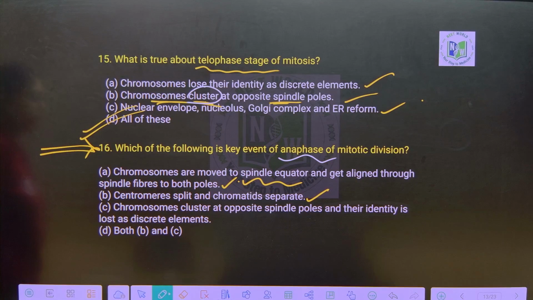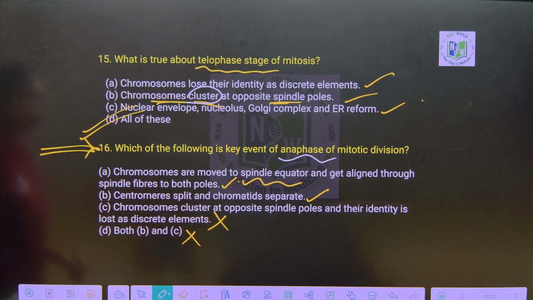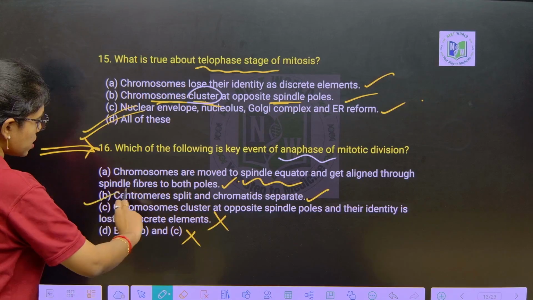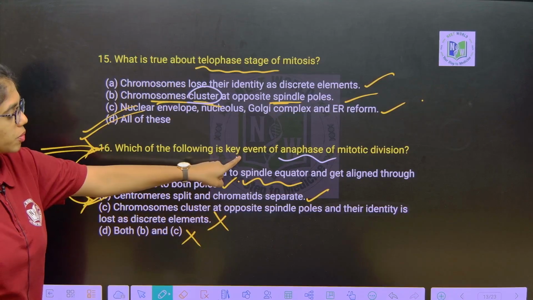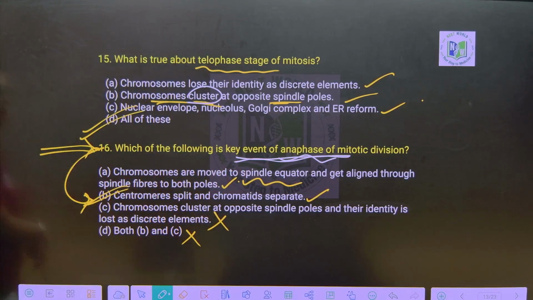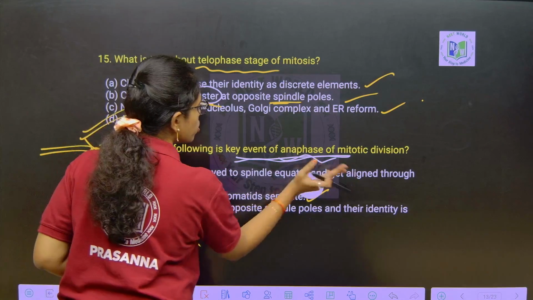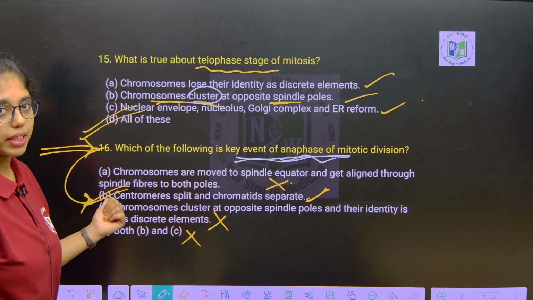Chromosomes cluster at the opposite poles and their identity is lost as discrete elements, so C will be wrong, and we cannot take both B and C. Option B is the exact statement clearly explaining the key event of anaphase. Looking at option A again: chromosomes moved to the spindle equator, no, that is not during anaphase. So option B is the right answer.